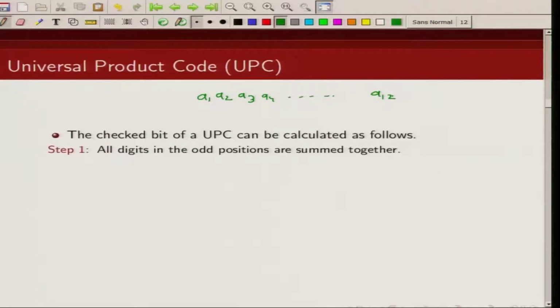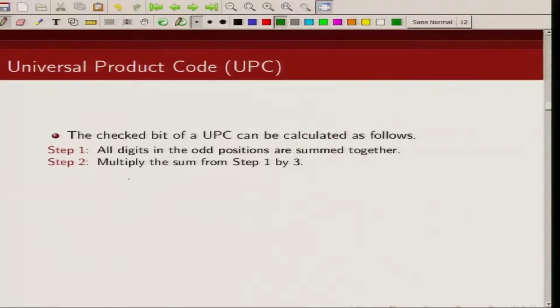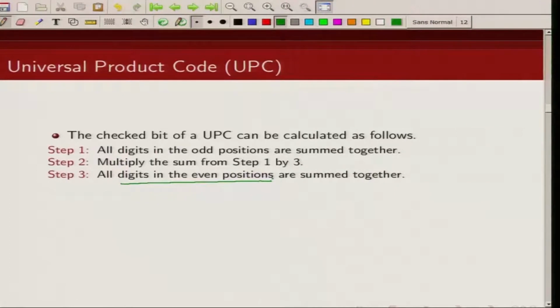Then what you are going to do is add up all the digits in the odd locations, that is A1, A3, A5, like that, and multiply the sum by 3. And to that you are going to add all the digits in the even positions.